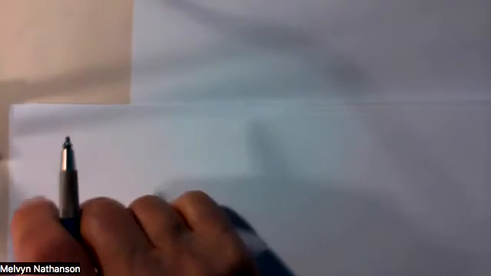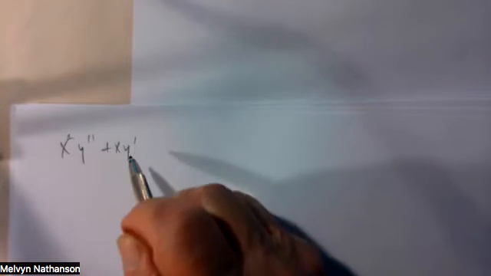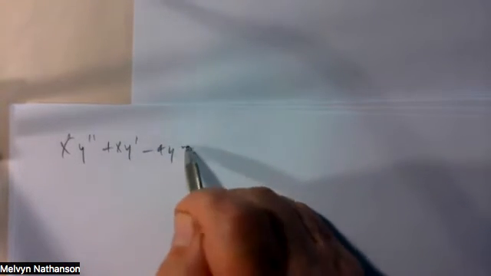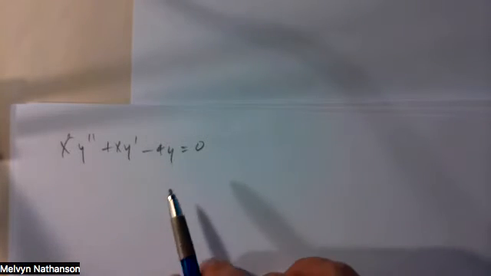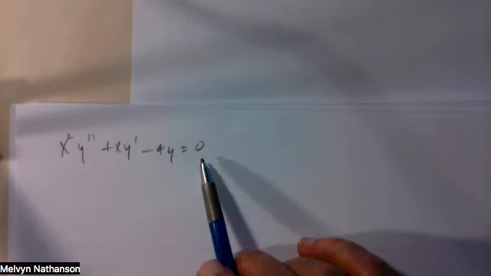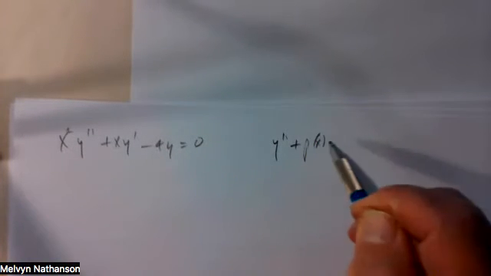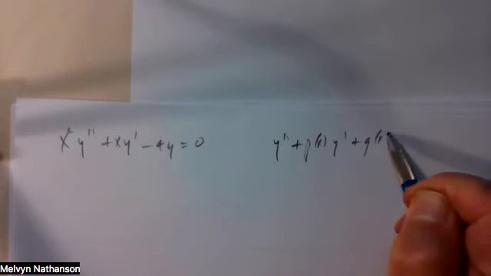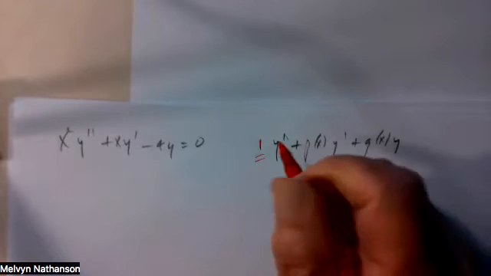So suppose we have this differential equation, x squared y double prime plus x y prime minus 4y equals 0. Now, this is not in the form we like. The form we like is y double prime plus p of x y prime plus q of x y, where the coefficient of y double prime is 1.